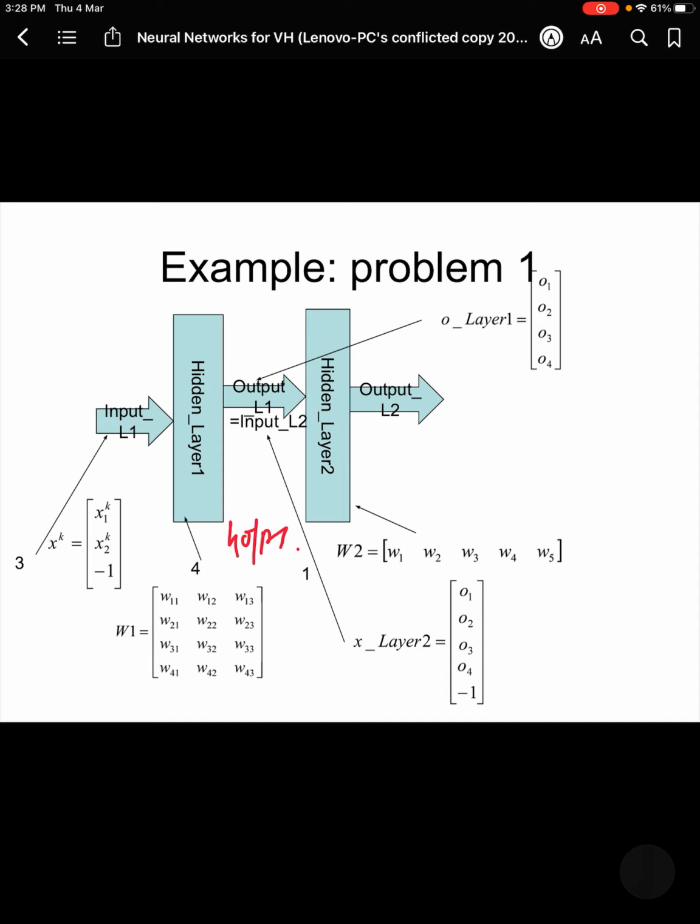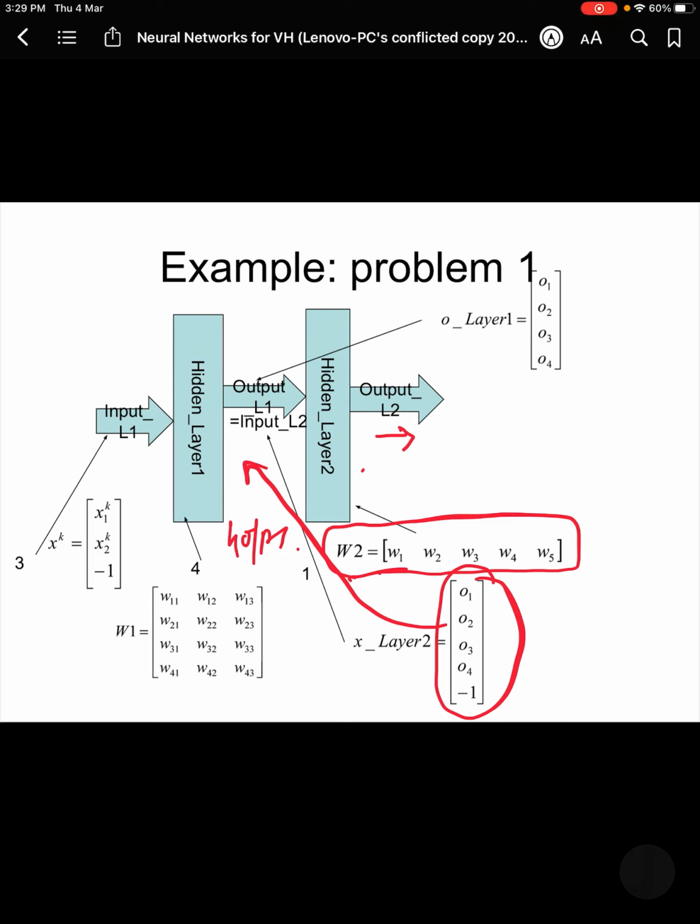there would be four outputs, and then from layer 2 there is only one neuron, so there will be only one output, and the number of inputs would be 4 to layer 2. So the weight matrix would be like this, and this is the output layer of layer 2.